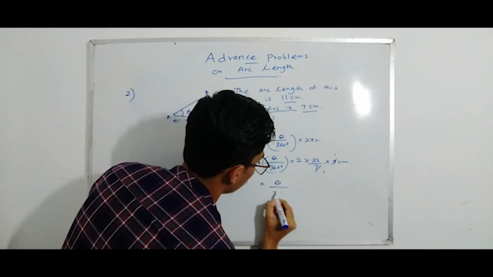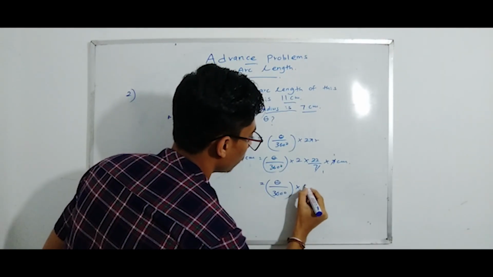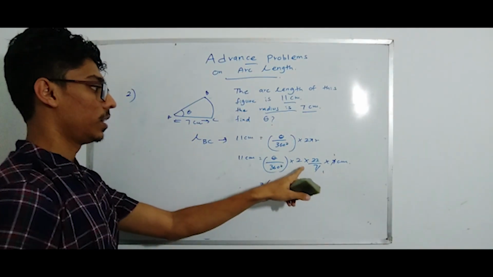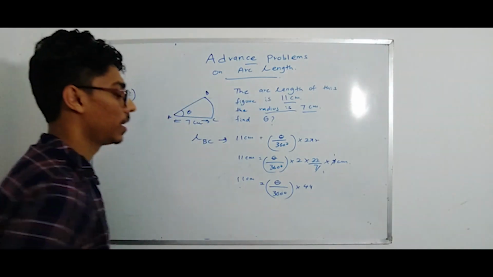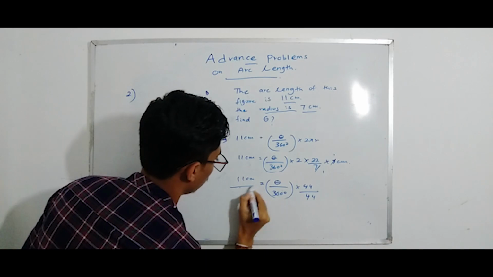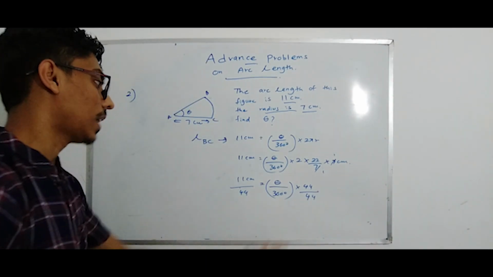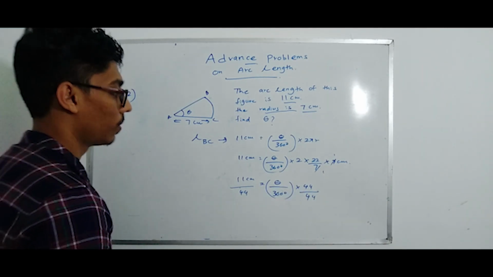Theta over 360, and you have 44 here. 22 into 2 is 44. You have 11 centimeters here. Right, so I can divide both sides of the equation by 44. So this I see at a glance, right? You can see at a glance to divide this by 44, right?